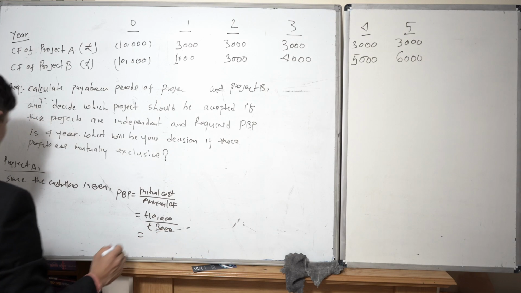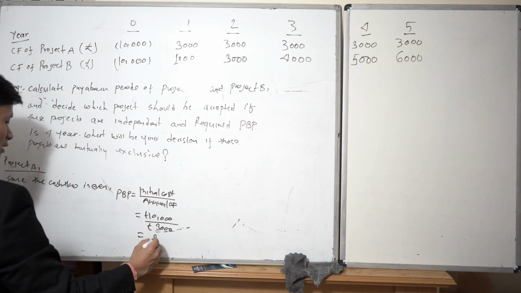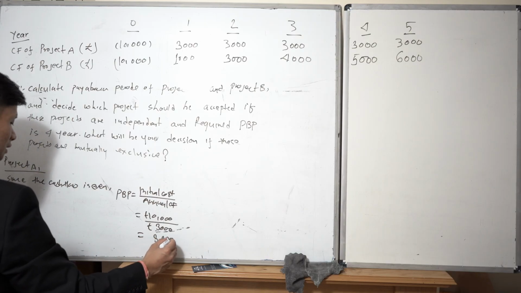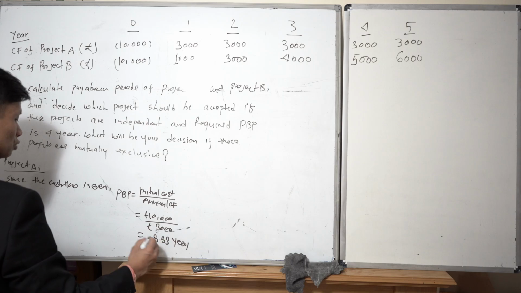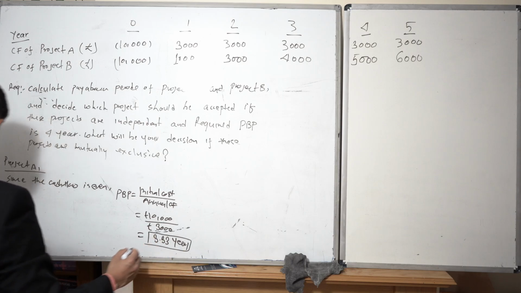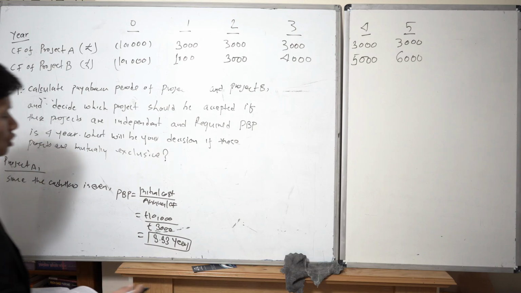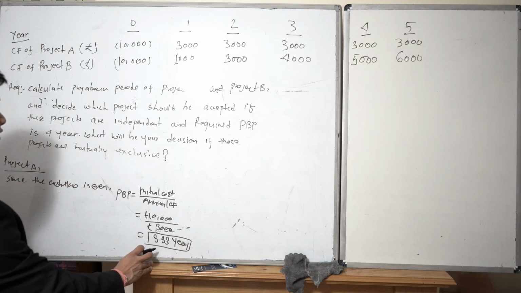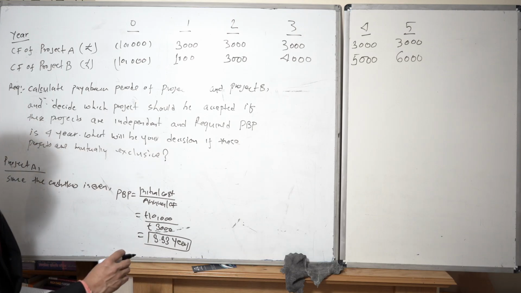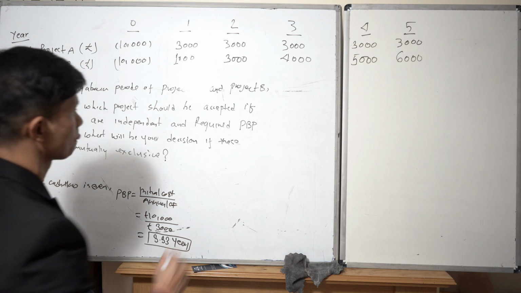Simply divide 10,000 by 3,000, and we get 3.33 years. So the payback period is 3.3 years. That means it takes 3.33 years to cover the cost of project A.